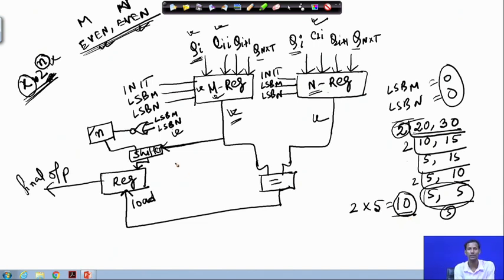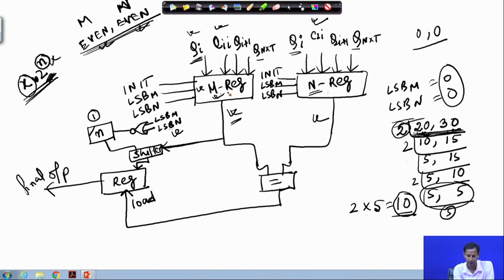Now you check whether this circuit is giving me the same result or not. In this particular case, 20 and 30 is loaded over here. Based on that, the LSB of m and LSB of n are 0 and 0. Then you see this is 1, so the counter value has been incremented by 1.